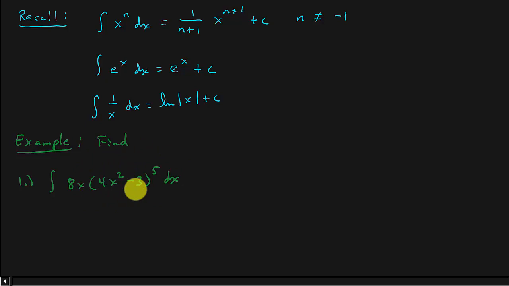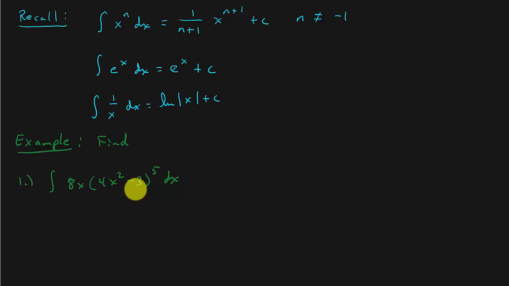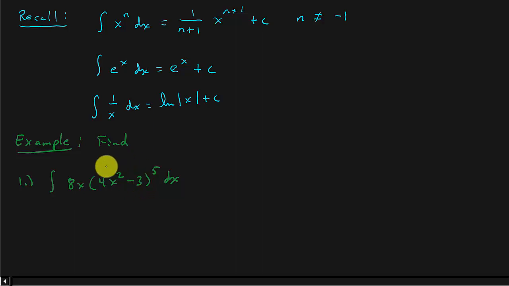So whenever you see something in parentheses raised to a power, a lot of times what we want to do is look inside those parentheses and ask, what is the derivative of this inside the parentheses? Well, what's the derivative of 4x squared minus 3? It's 8x, right? And there's 8x outside, notice that.